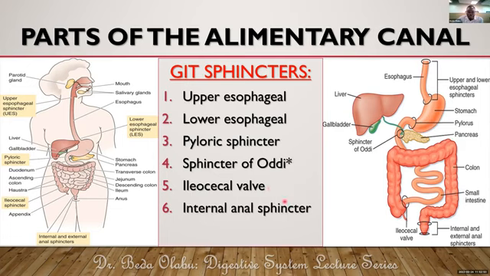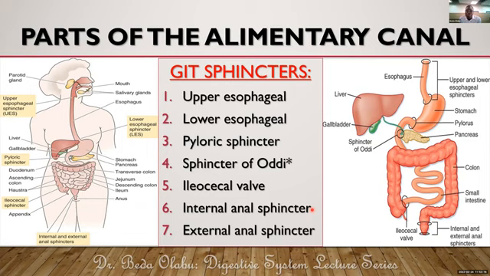Then we have the anal sphincter. There are two types of anal sphincter: the internal anal sphincter and the external anal sphincter. The internal anal sphincter consists of smooth muscles, so this is an involuntary sphincter.